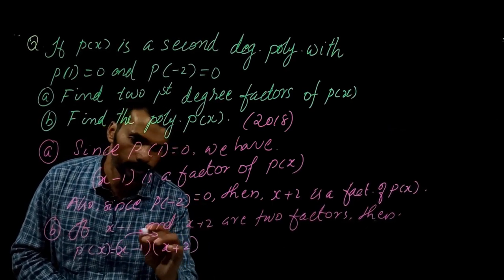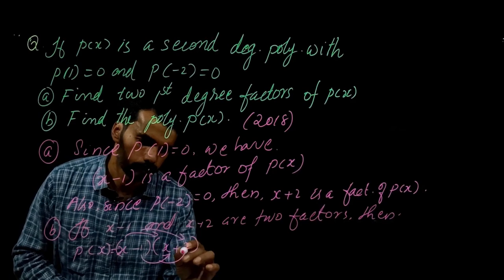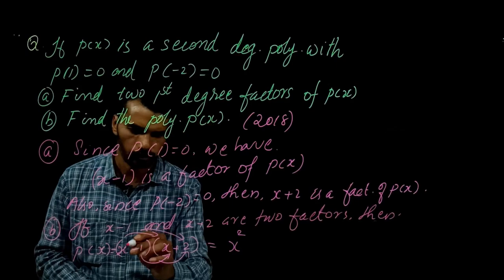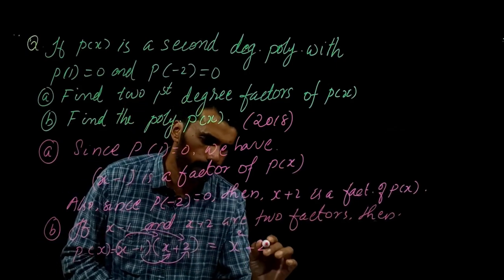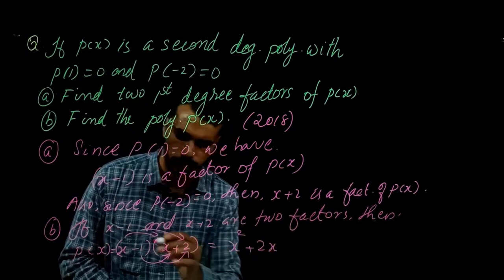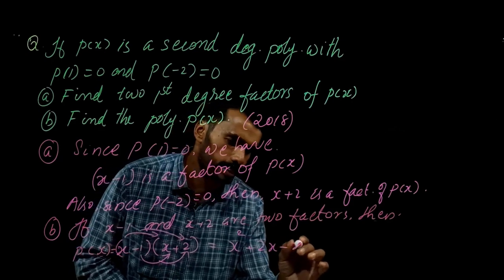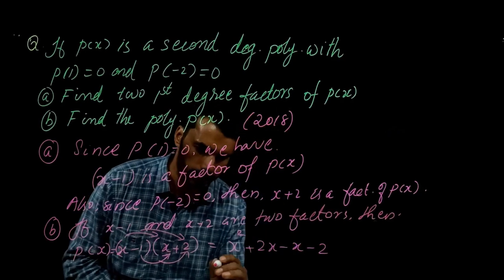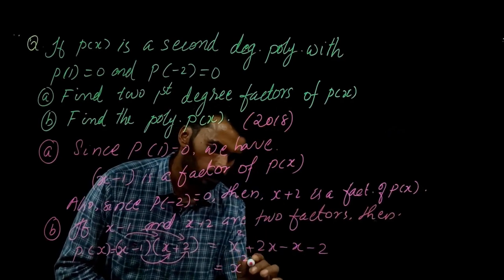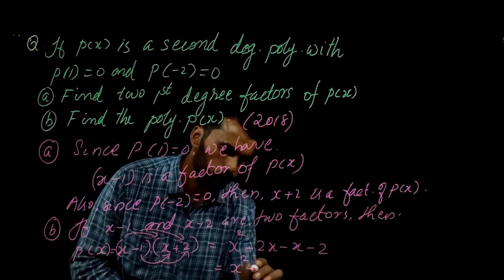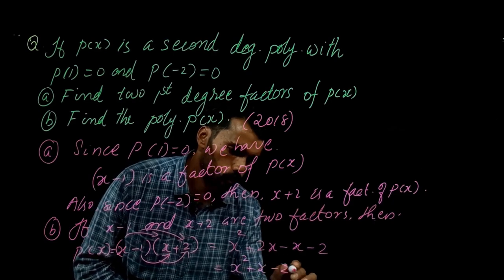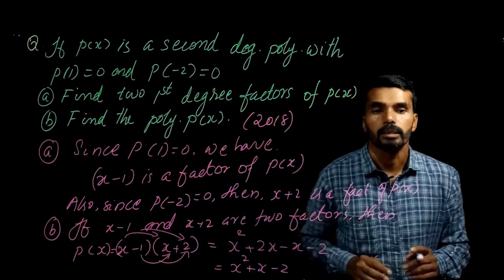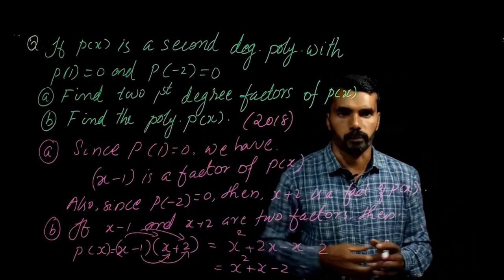This implies x into x, x square, plus x into 2, 2x, then minus 1 into x, minus x, then minus 1 into plus 2, minus 2. That is x square plus 2x minus x minus 2. So x square plus x minus 2 is the polynomial p of x.